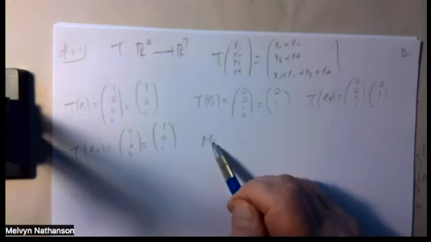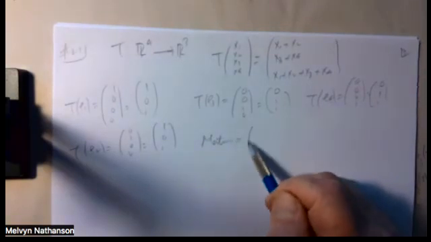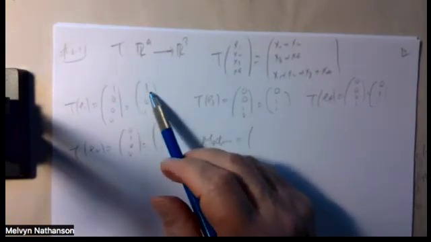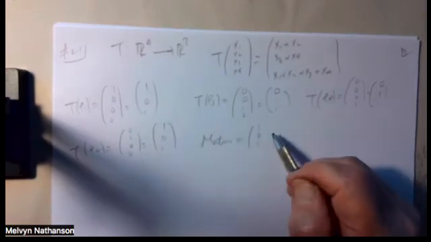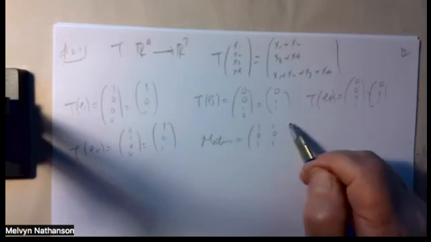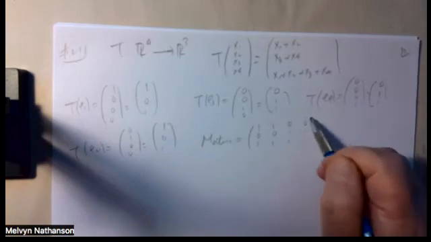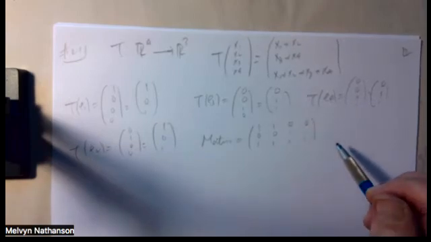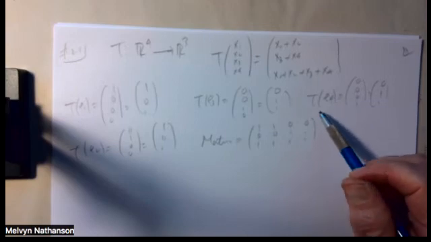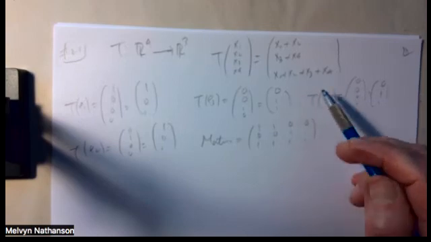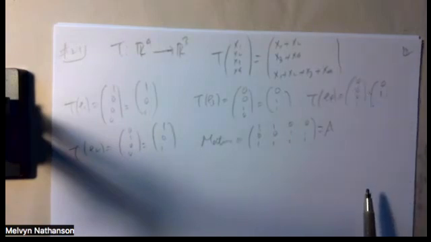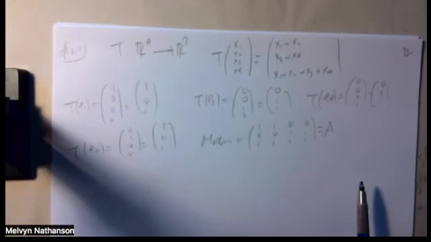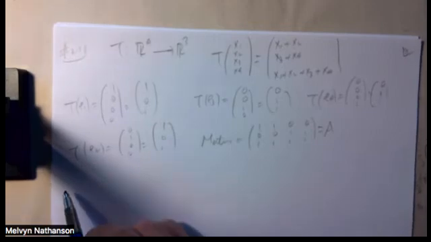So the matrix for this linear map, you can say, is 1, 0, 1, 1, 0, 1, 0, 1, 1, 0, 1, 1. And you can check, you apply this to the vector x1, x2, x3, x4, you get exactly this vector. What's in the kernel?